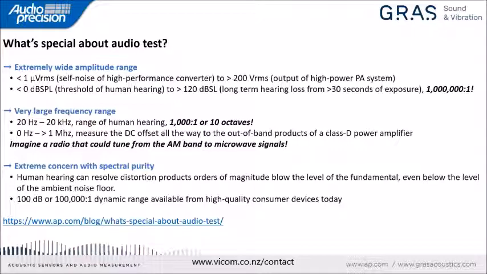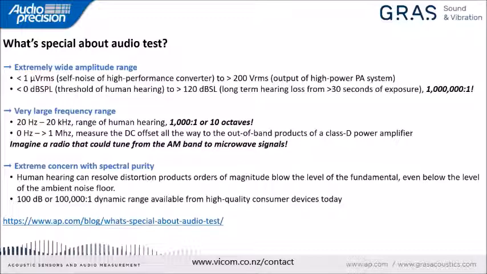There are really three things that make audio measurement special. The first is a very wide amplitude range. If we're talking about voltage signals, the smallest signals we want to measure are the self noise of things like high performance analog to digital or digital to analog converters, and those are on the order of microvolts.